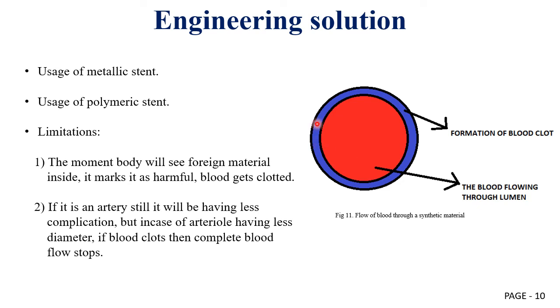Another thing which we can do is take the synthetic material and cover its entire surface with cells. So when the blood is flowing now, it will be unable to recognize whether it is a synthetic material or its own body, because it has been covered with endothelial cells, and the blood will only see these cells.